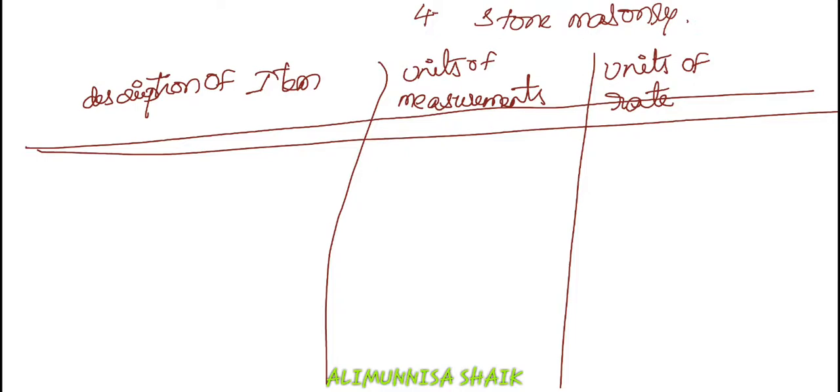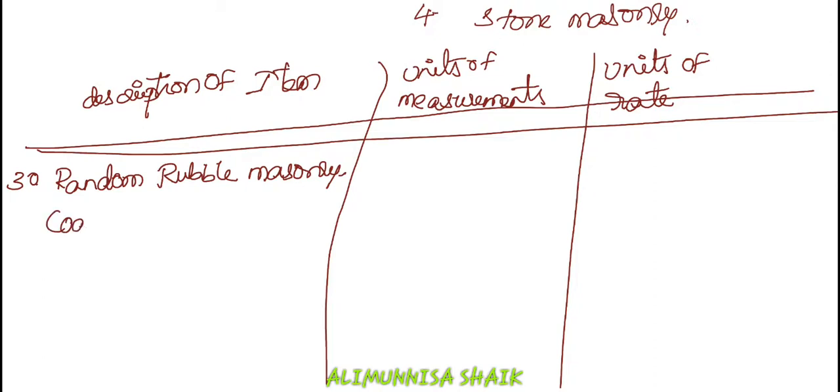Now let us go to the main word. 30th item is random rubble masonry. Coarse rubble masonry. Actually we have many types of masonries.